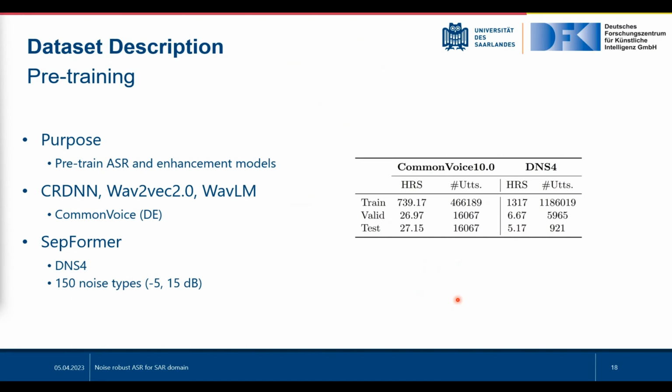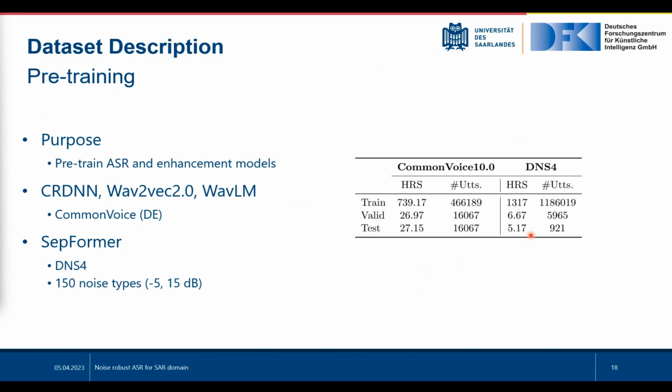In our first stage of pre-training, we use the Common Voice dataset to train our speech recognizer, and we use DNS4, which is the fourth version of the Deep Noise Suppression Challenge, from 2022, to train our speech enhancement module, the Sepformer. Common Voice is used to pre-train these models, the CRDNN, Wav2Vec, and WavLM. It amounts to roughly 1,200 hours of labeled data.